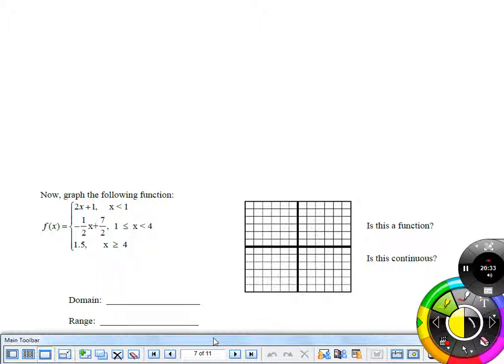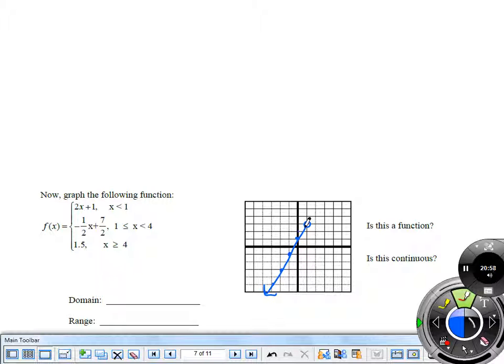I don't have my picture to look at like you guys do. So the first piece that you highlighted looked like this, right? Is that okay with everybody? Right?